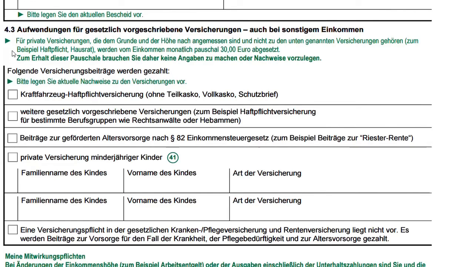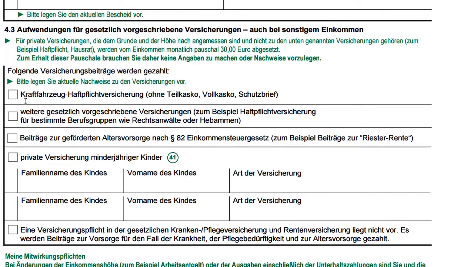Therefore, you do not need to provide any information or evidence about these private insurances in order to get this lump sum of €30. So, in the following part, you provide information about the insurance premiums this person is paying. You should also provide proofs about each type of insurance this person is paying for.